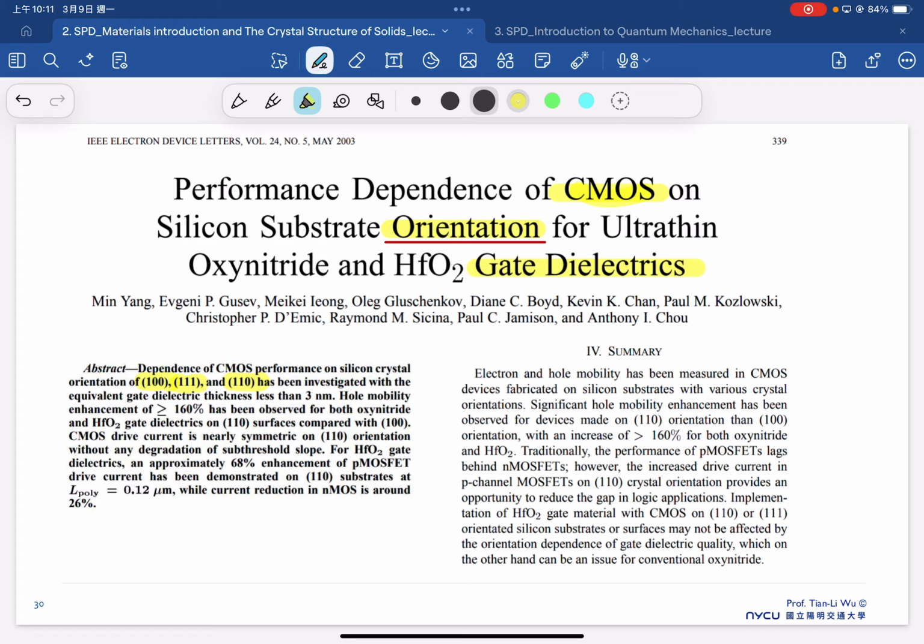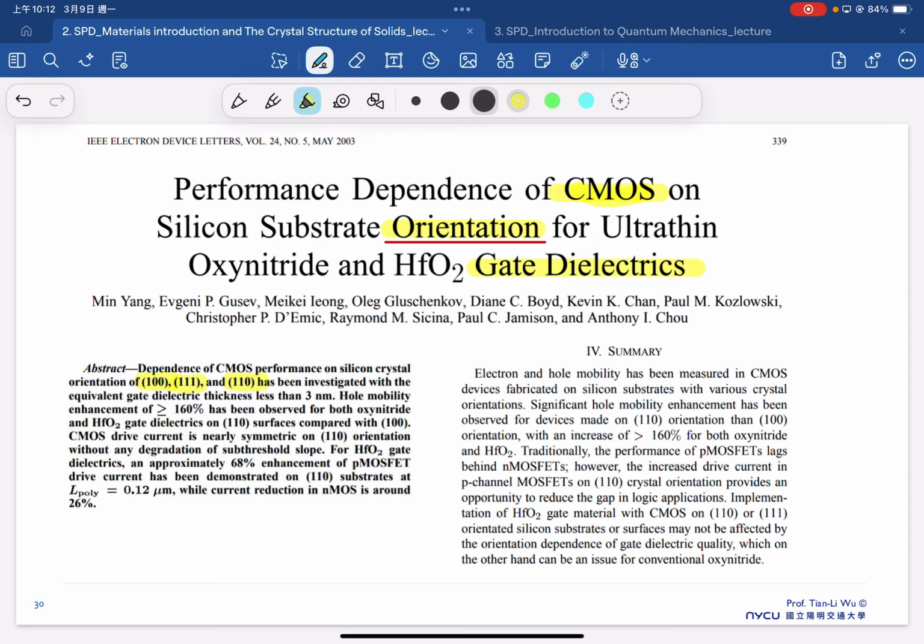So let's go through the abstract together. It's not that difficult to read the paper. Sometimes we just go to the abstract. First we look at the title for sure, and if you look at the title, you can probably get a 30% sense of what this paper looks like. So even if we don't read the whole paper, from the title we can already guess this is a paper talking about different orientations, different dielectrics, and different performance of the CMOS.